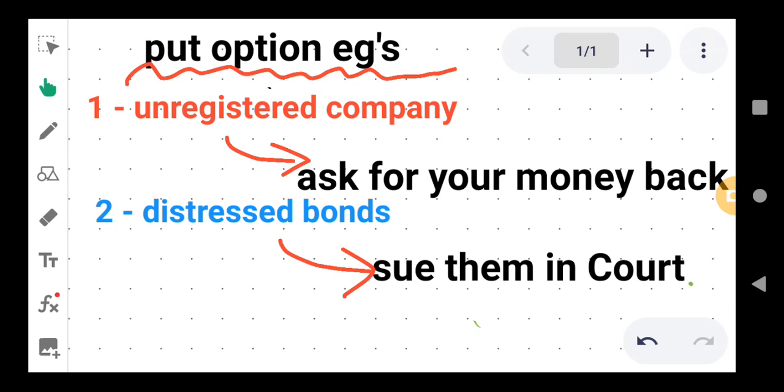They may not even have enough money to pay back even their senior secured bonds. So you exercise this put option to ask for your 100 cents in the dollar back, but they may not have enough money to pay back the senior secured 10-year bond in full. This put option is risky. There's no guarantee that you can get your original investment back.